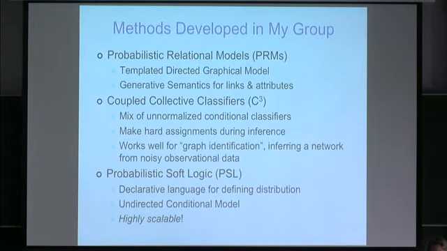And this is based on a line of work that my group has done over the years, where the first set of work was probabilistic relational models. This was late 90s, early 2000, where very much it was based on graphical models. In particular, these ones are based on directed graphical models, but then it adds into the representation a way of talking about the random variables, so that you could talk about random variables that are either the attributes of nodes, if you will, or the edges.